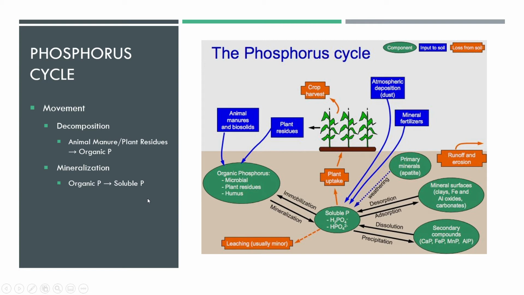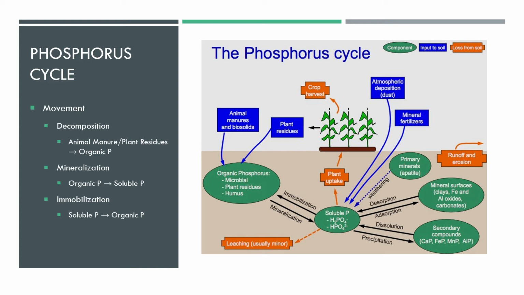The opposite of that is called immobilization, when different compounds break down soluble P into organic phosphorus. It's kind of like the nitrogen cycle, where there's nitrification and denitrification.